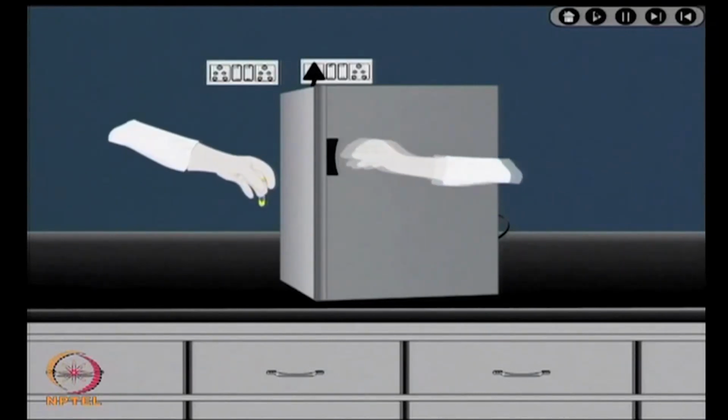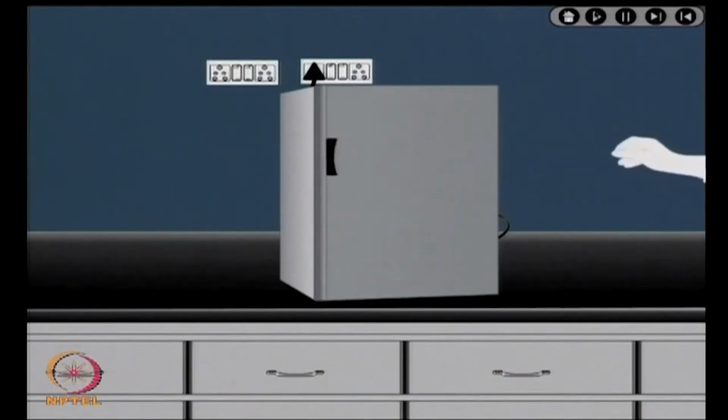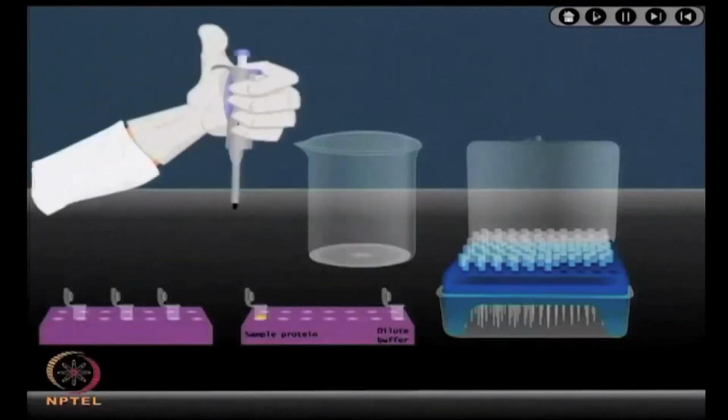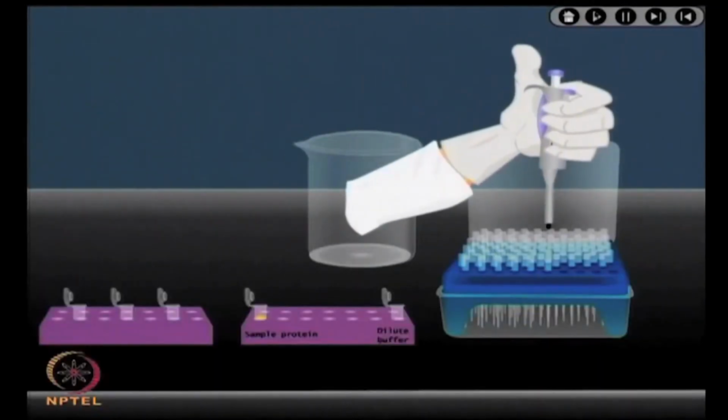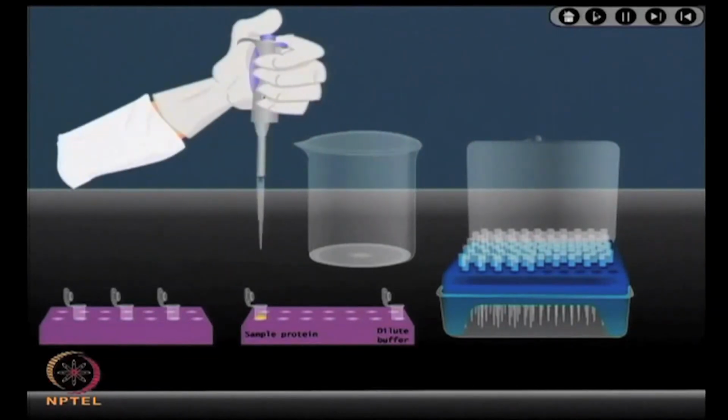During this animation for the sample preparation, I will describe one method which we are currently using in my laboratory, where we have tried combining different types of methods available from different published protocols.